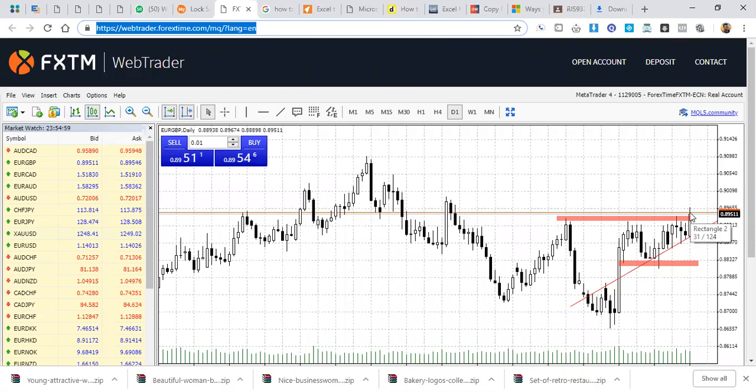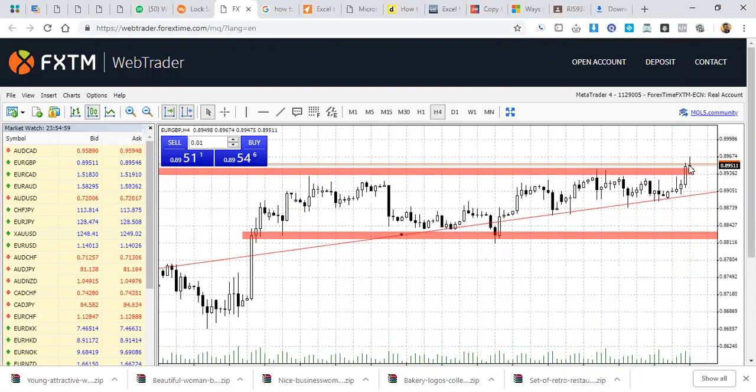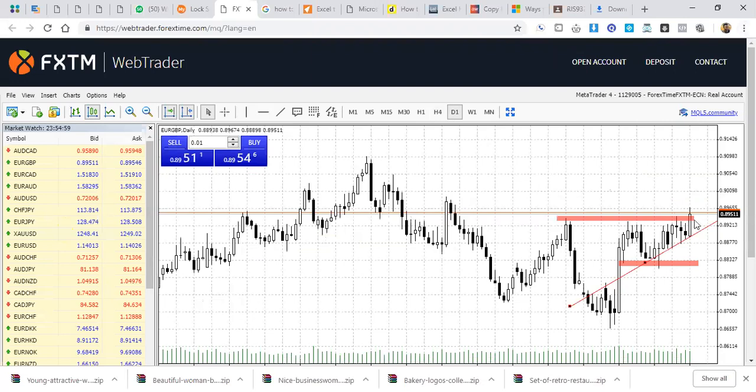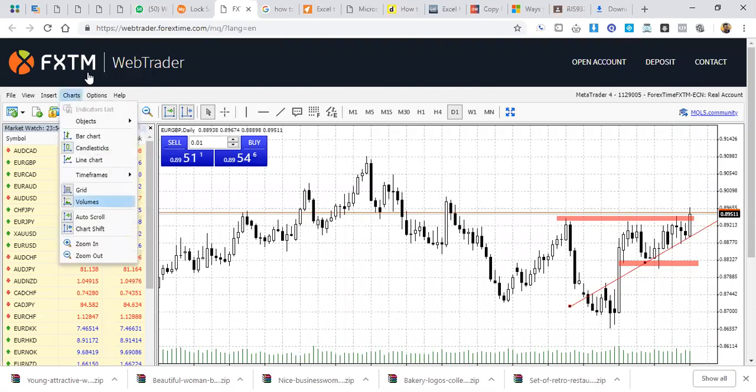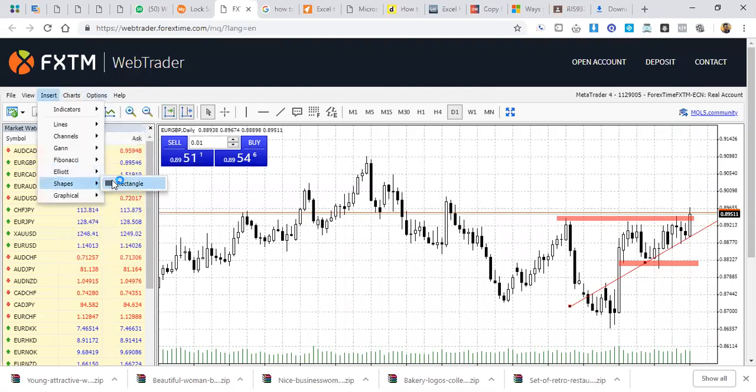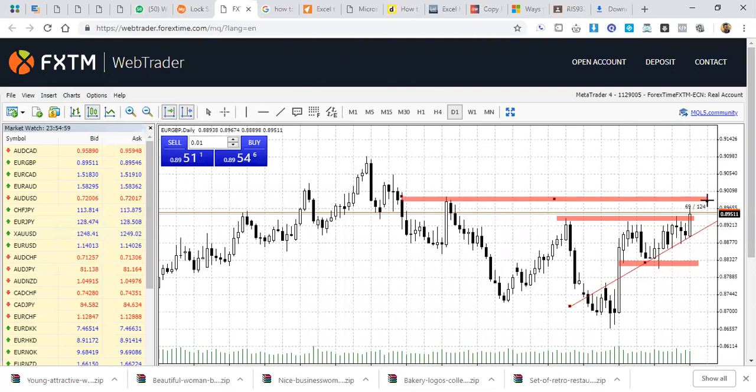So we closed above this level. What does this mean? If we close above this level, it means right now we are looking for buys. On the 4-hour chart and the 1-day, we closed above this, and at this moment we are only looking for buys for this pair, and our next take profit, of course, will be above this level.